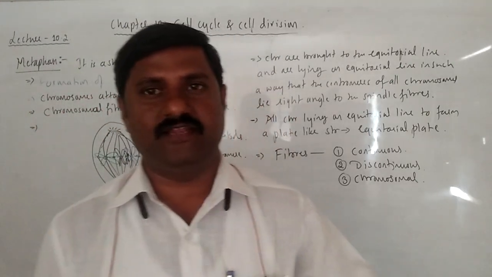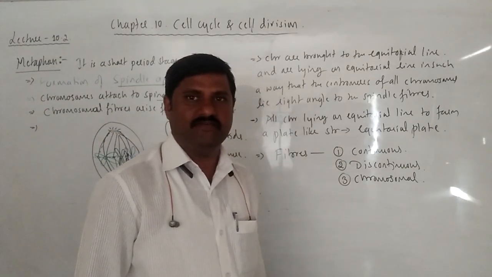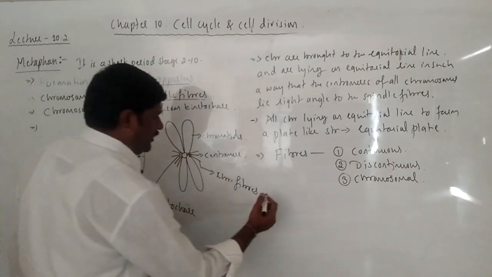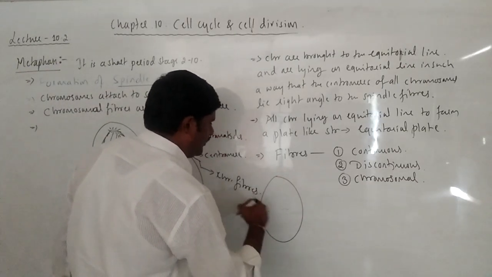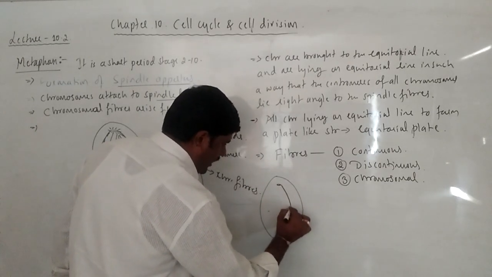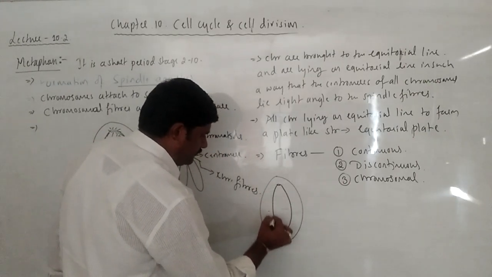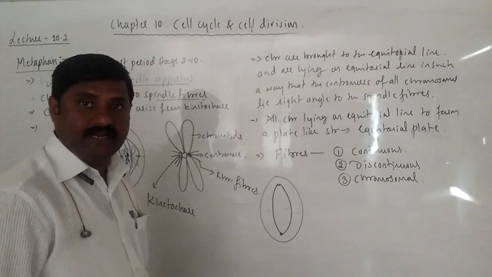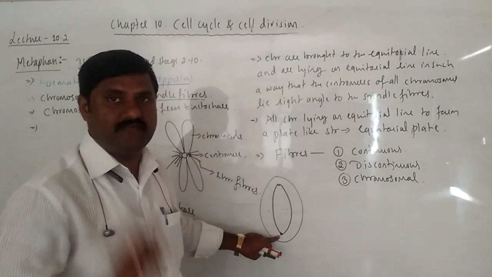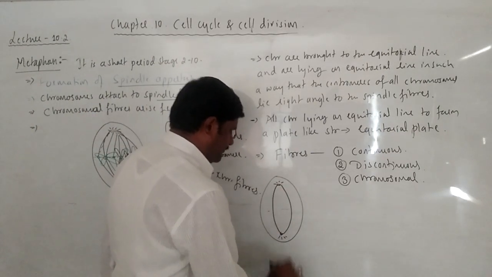Continuous fibers, discontinuous fibers, as well as chromosomal fibers are the three kinds of fibers that we come across here. This is one cell, this is one aster, this is another aster. They are continuing from one pole to another pole, right? If they continue from one pole to another pole, then they are called continuous fibers.